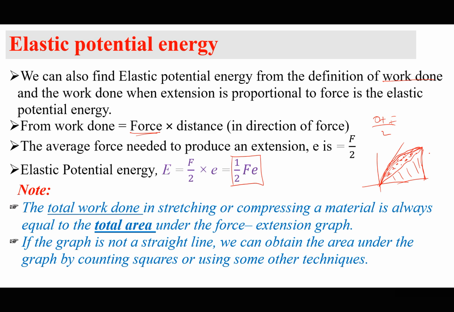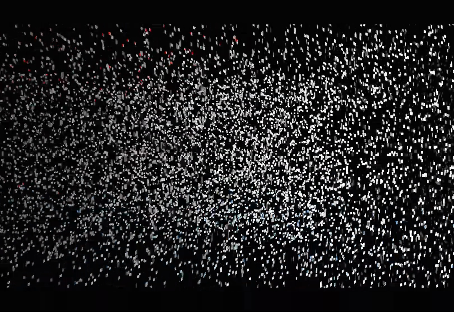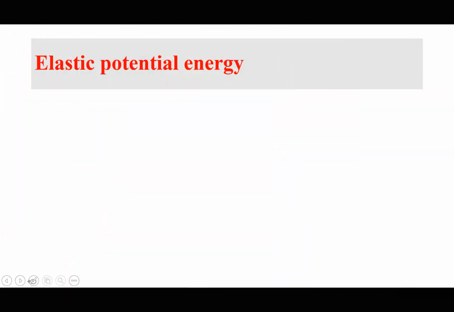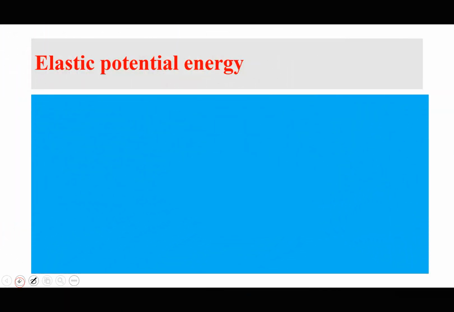But if it is elastic potential energy alone, it is the area under the straight section of that graph. From what we have mentioned, elastic potential energy is a half Fe, where F is the force and E is the extension, and we can express it in different ways.